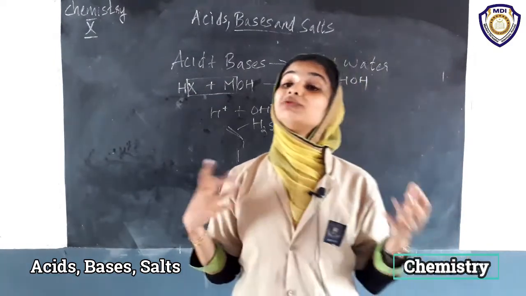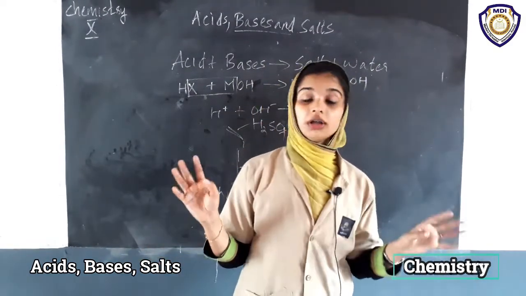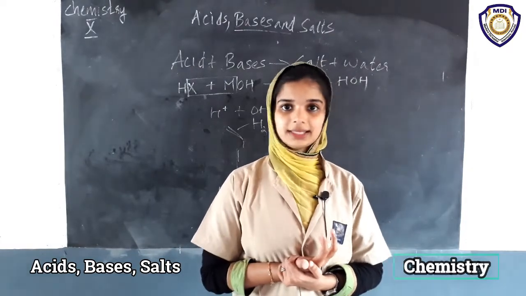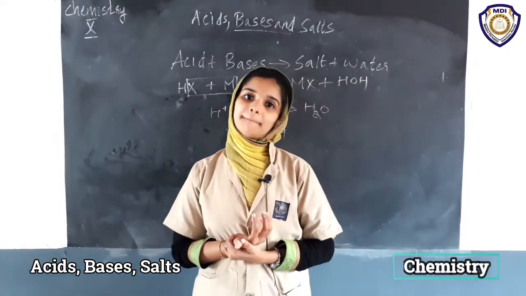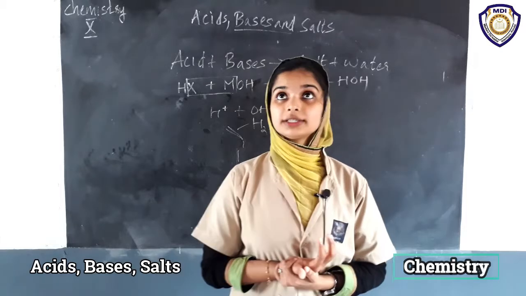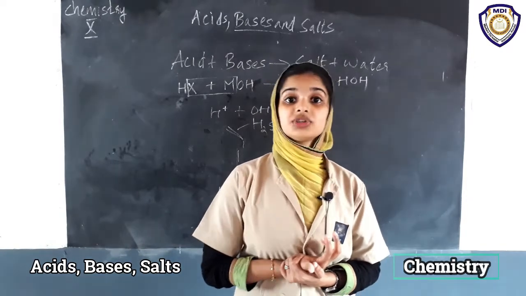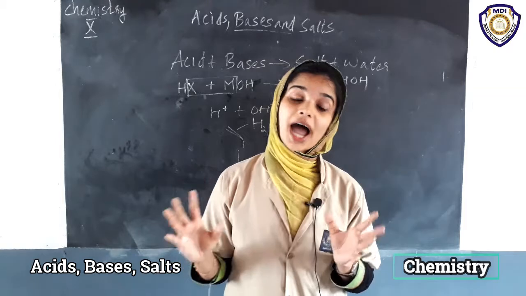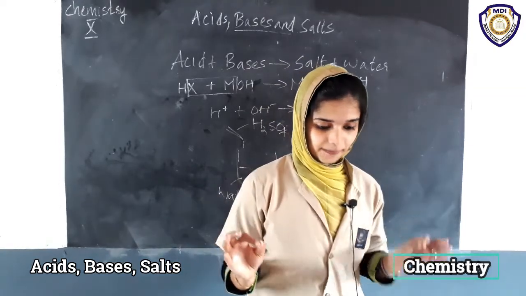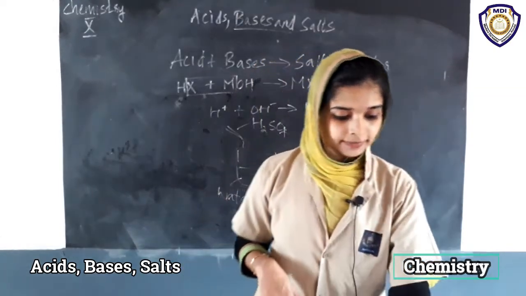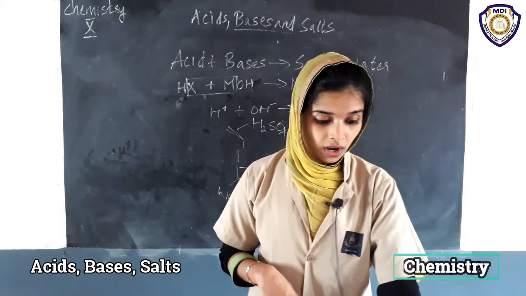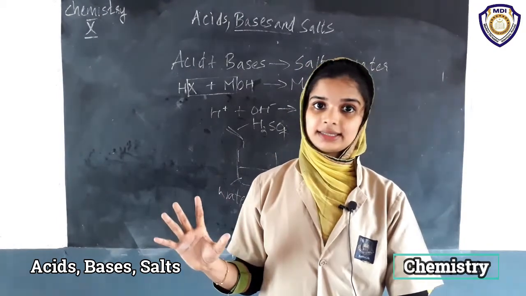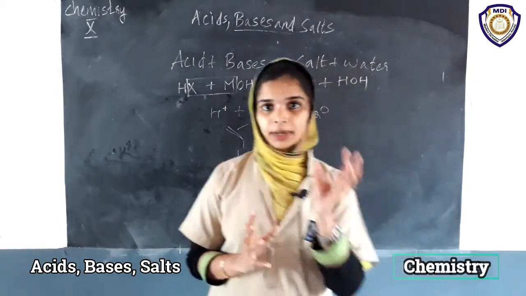So when we add water, we all know that H plus is common in acid and OH minus is common in base. So when we add water to acid, the concentration, the number of H plus ions per unit volume, will decrease.